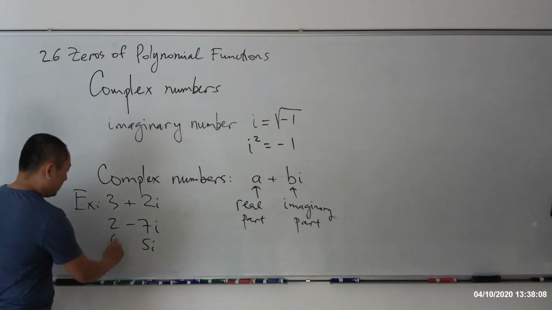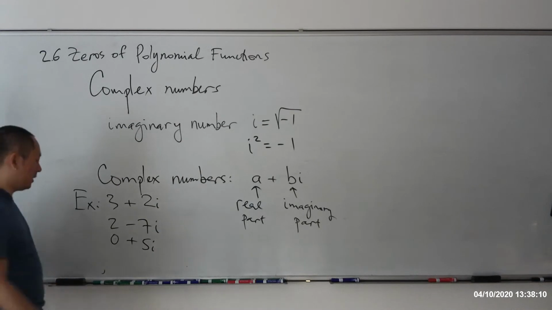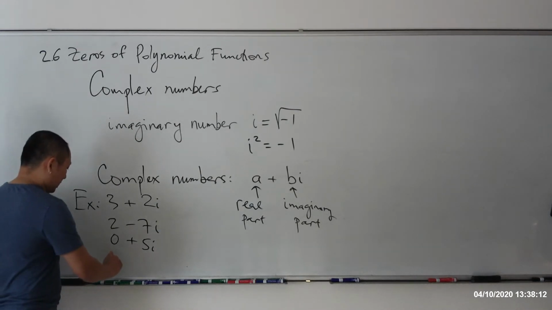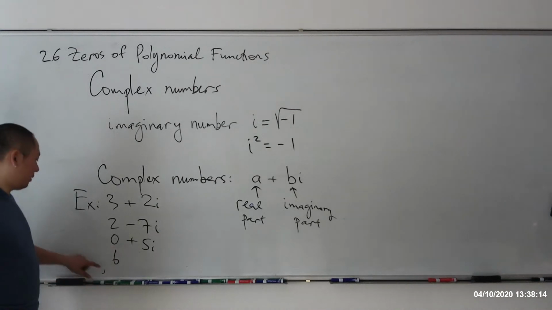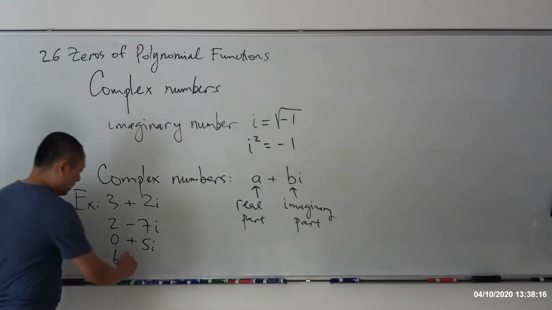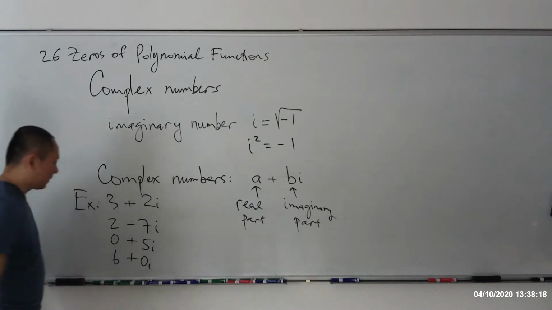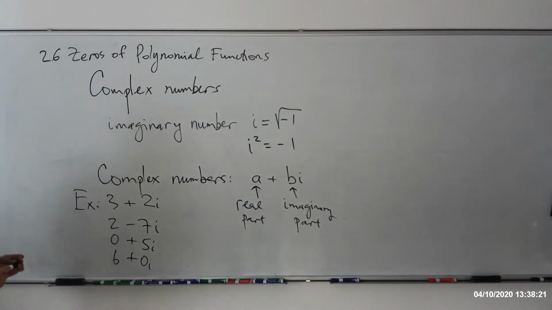Think of it this way: 0 plus 5i. And similarly, what if I give you 6? This is a real number, right? So you can think of it as 6 plus 0i. And you have a complex number. So you see what? Real numbers now are just a part of a bigger set, which is called complex numbers.